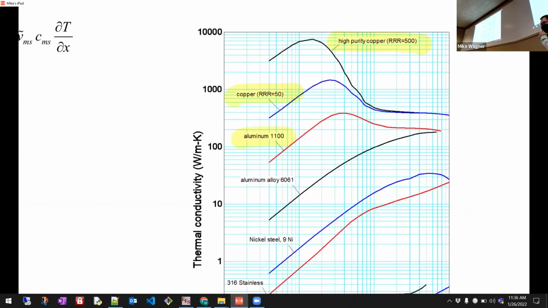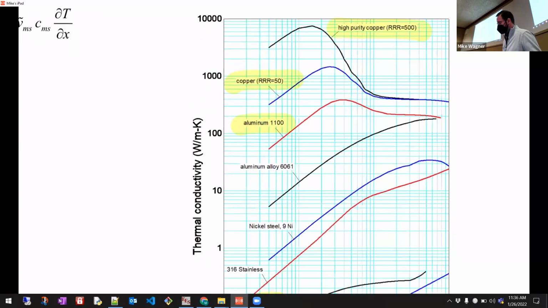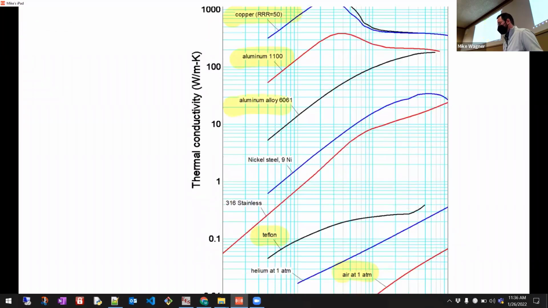Okay, so those high purity metals actually are really good thermal conductors in addition to being good electrical conductors. As you go down the list here, you start seeing alloy. Right? Alloy is by design designed to have impurities in it. So now you are introducing impedance to movement of electrons, which are the primary heat carrier.